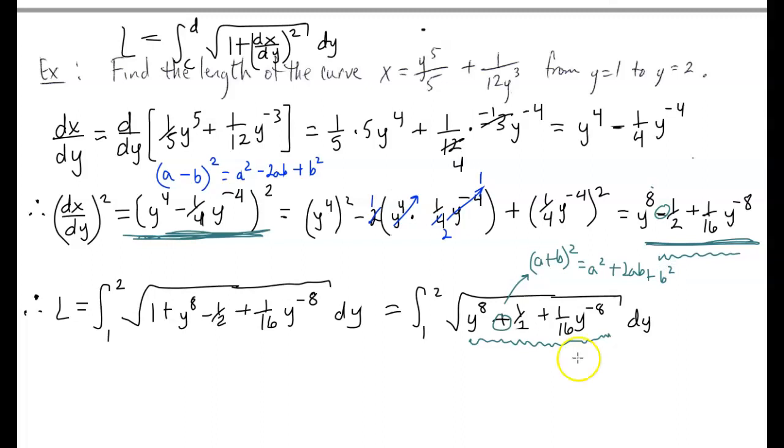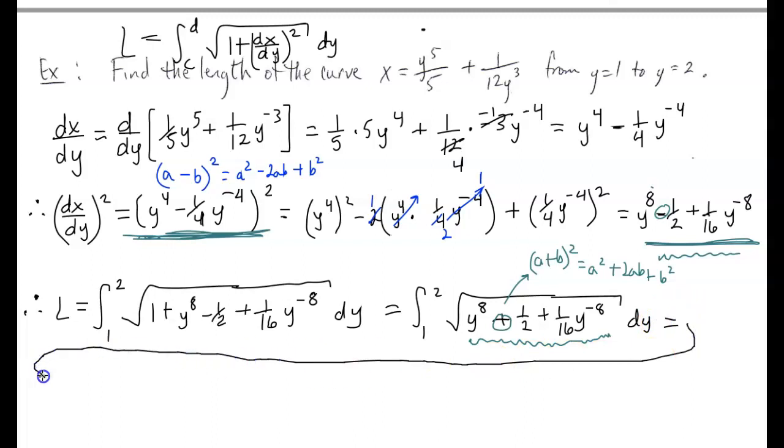So saying all that to say is that now we could rewrite this y raised to the 8 plus 1/2 plus 1/16 y raised to the negative 8 as just y to the 4th plus 1/4 times y raised to the negative 4. And by doing that, that'll significantly cut down on some of the actual work that we'll have to do here. I'm going to erase that 1/2 because it wasn't looking too hot. So we got that a little better.